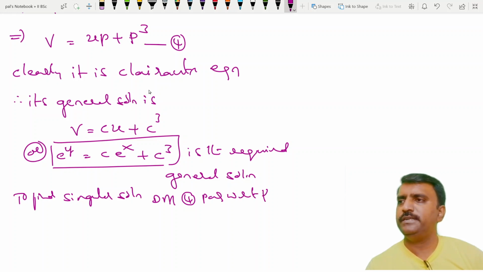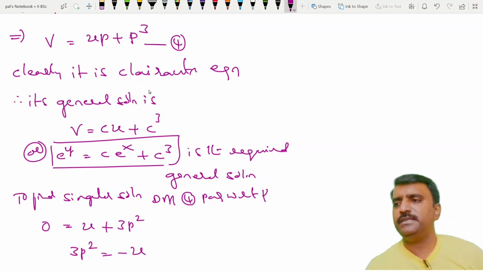So then what does it give? 0 is equal to differentiation of cu, which is u, plus differentiation of c cube, which is 3p square, isn't it? So now 3p square is equal to minus u.